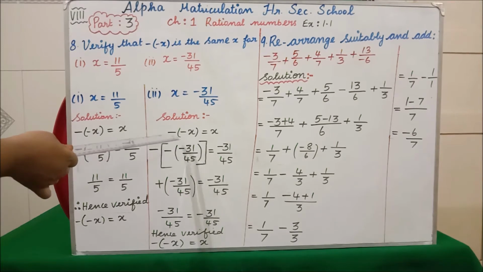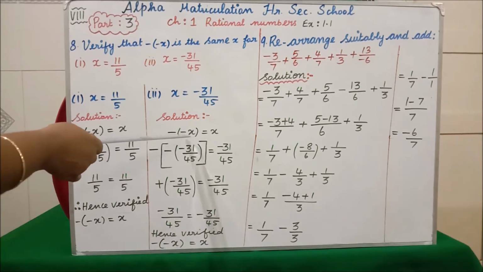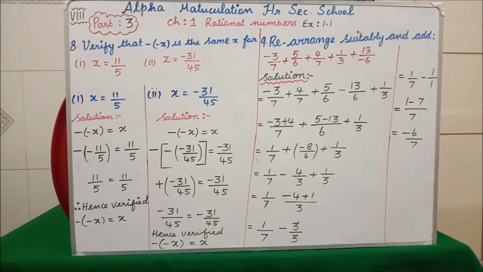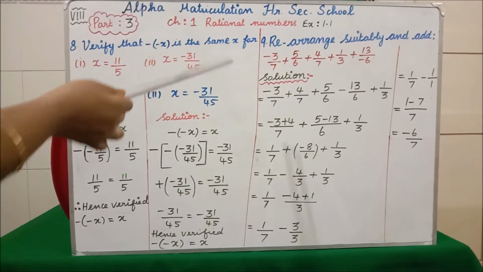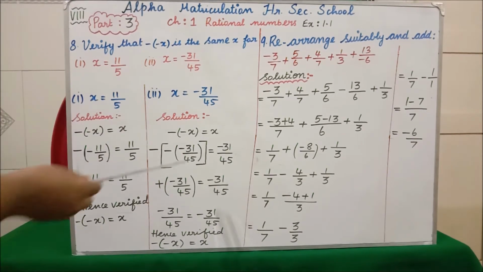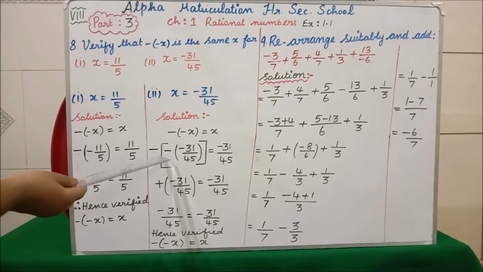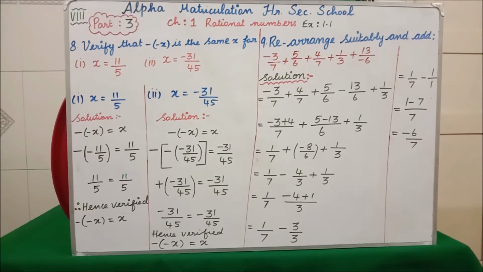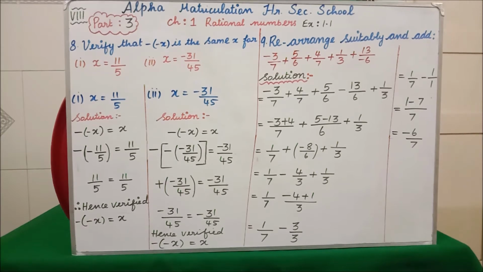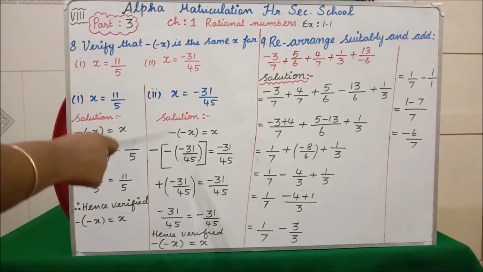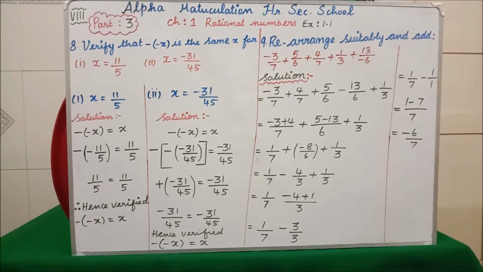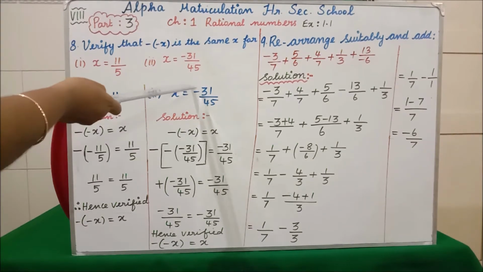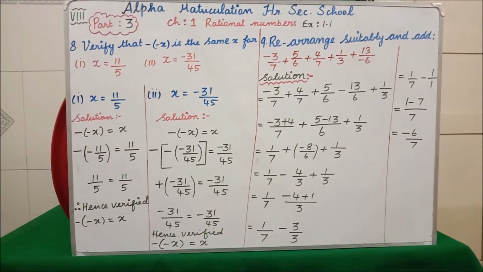So this minus outside is there, then this minus outside here is there. In the question itself we are having minus 31 by 45. So this minus is here. So this x value I have written as minus 31 by 45, so I have written two brackets. Okay, one is a closed bracket and another one, if you see, is an open bracket. Equal to x. x value is minus 31 by 45.